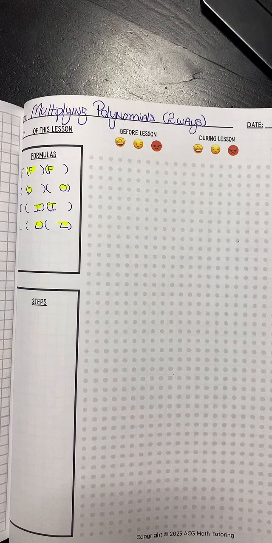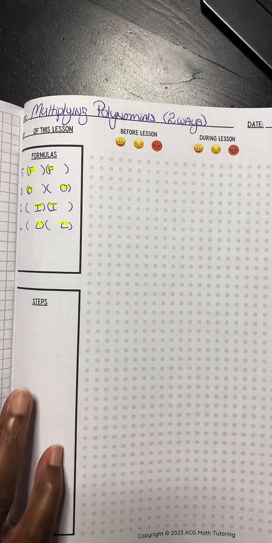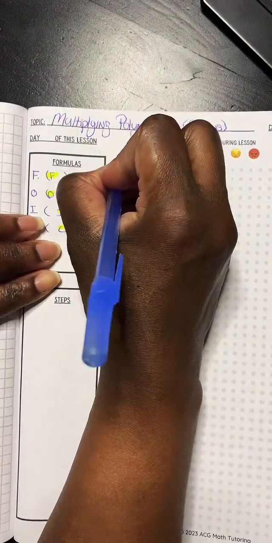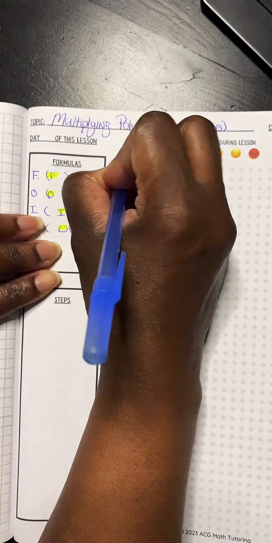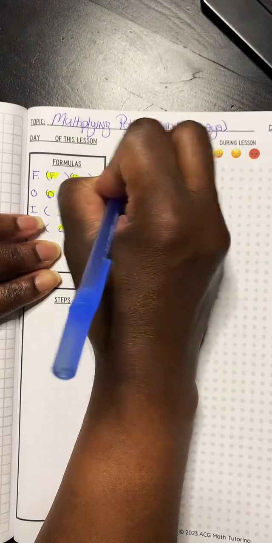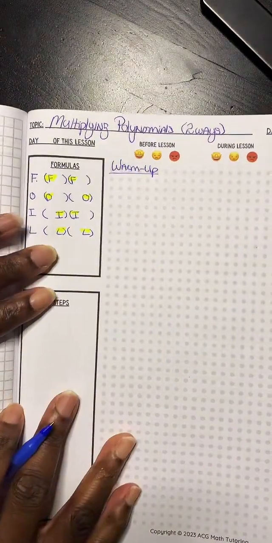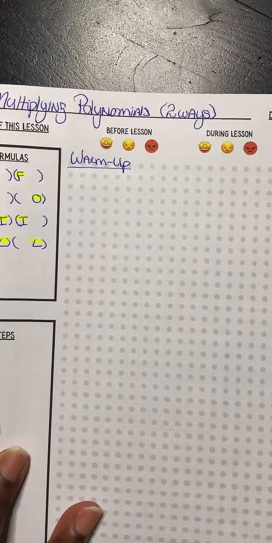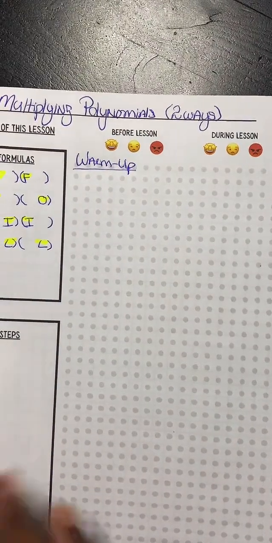Probably not going to be staying here too long, but just long enough for you to get the idea. All right, so let's warm up. Let's start off with a monomial being multiplied by a binomial.